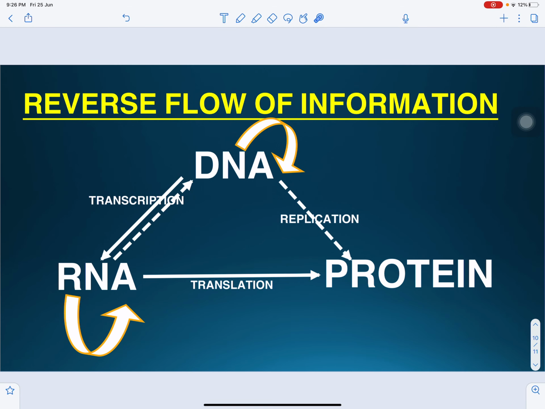When DNA forms RNA, this is called transcription, but when DNA is produced from RNA, this is called reverse transcription. As we know, DNA can form its copies by replication. Now RNA can form the protein with the help of the translation process. So this is called reverse flow of information, that is when RNA forms the DNA, and this is catalyzed with the help of reverse transcriptase, and this is also called central dogma reverse.